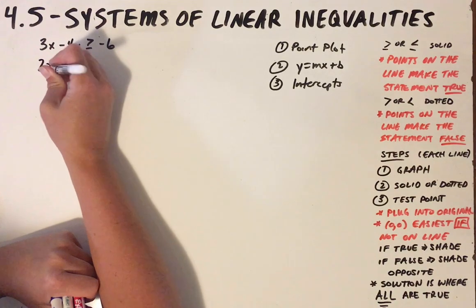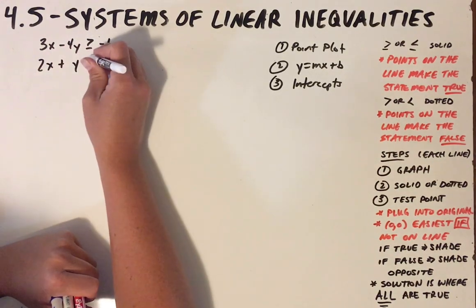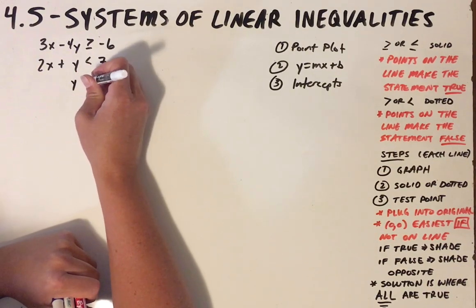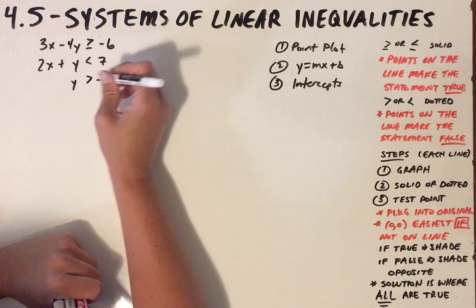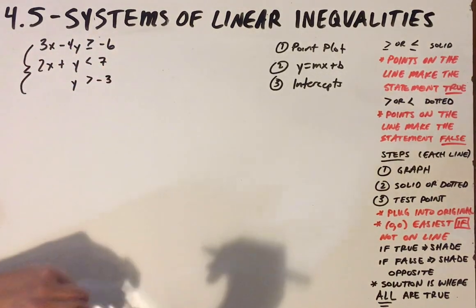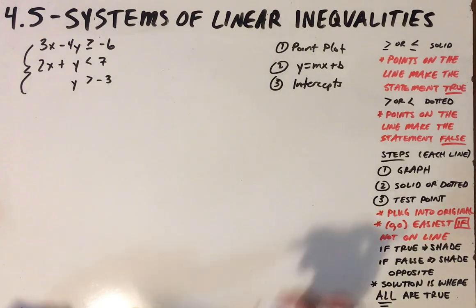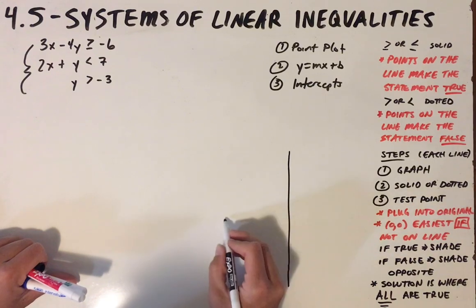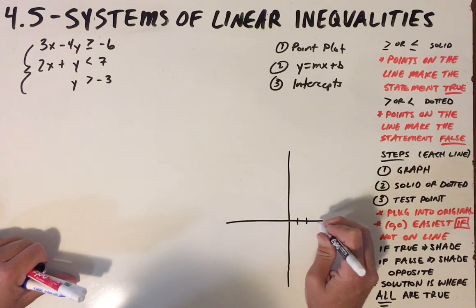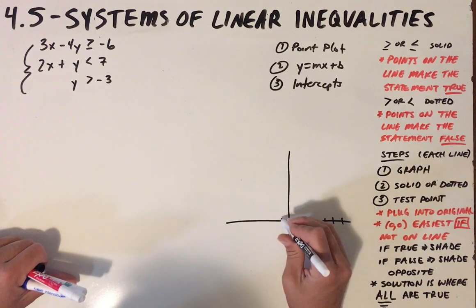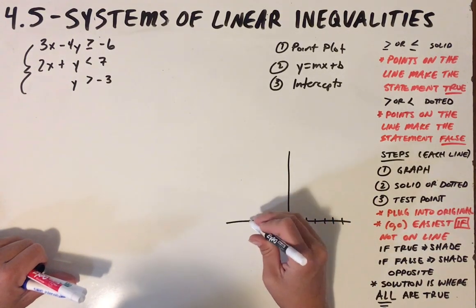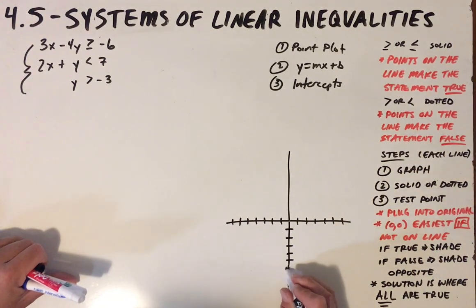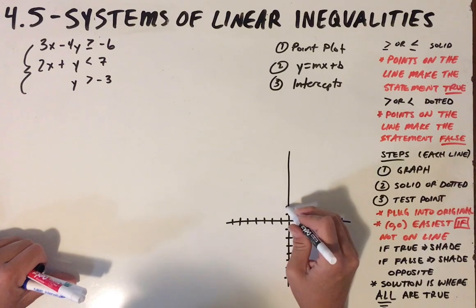We get 2x plus y is less than 7. And a third line, y is greater than negative 3. So this is our system, and we want to graph these. So let's put this graph over here. And you can go ahead while I'm doing this and start figuring out what method is going to be best to graph these inequalities, each one.